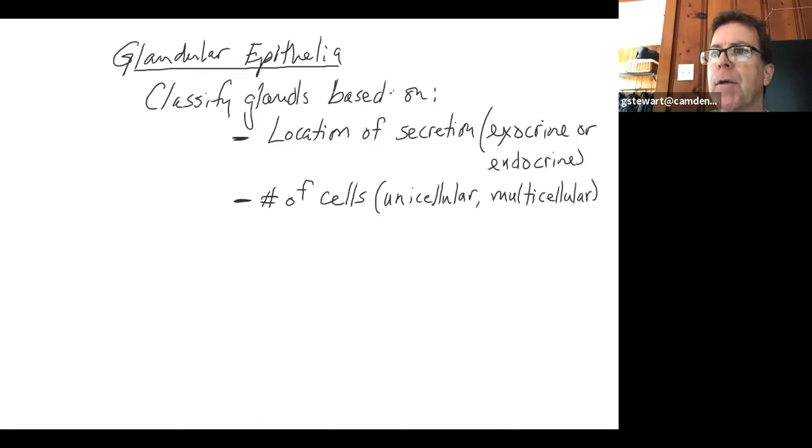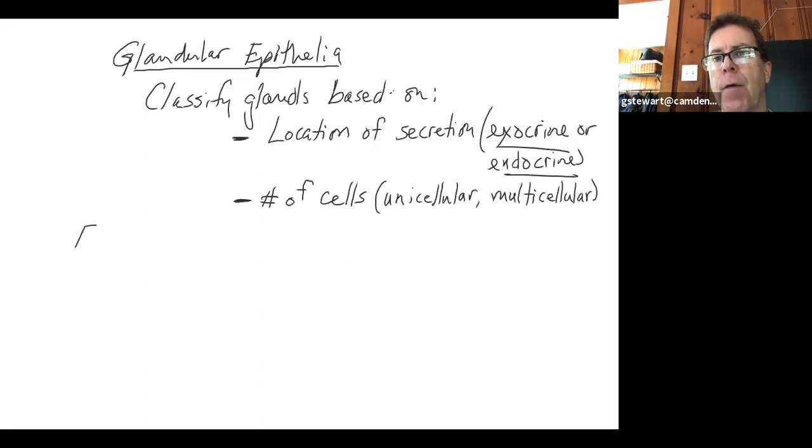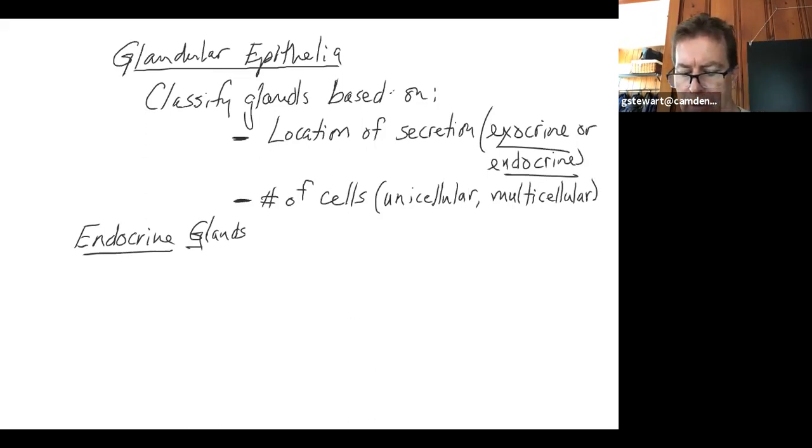Now, I'm going to talk about these two terms really quickly. Endocrine, you've heard that word before, endocrine system, endocrine glands. Endocrine glands are defined as ductless glands. A duct, D-U-C-T, is just a tube. That word just means a tube.